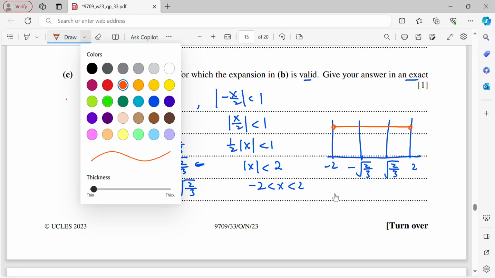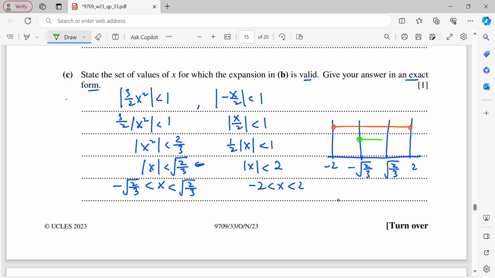And then for the second inequality, it will be between the negative square root and the positive square root of 2 over 3. So now this is the common region that's satisfied by both inequalities. Therefore, we always take the smallest range. So this is the set for which the expansion is valid.